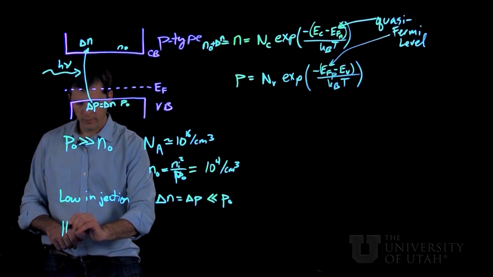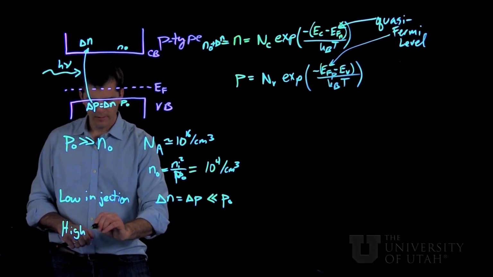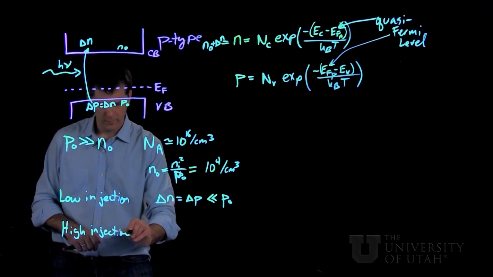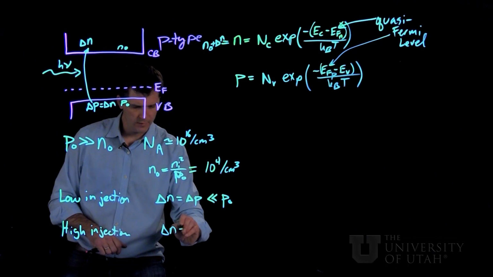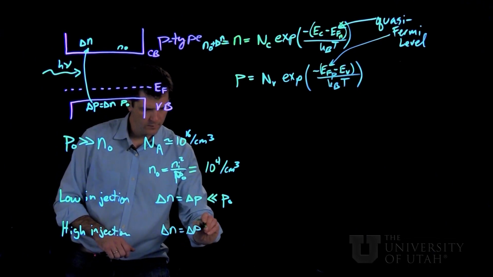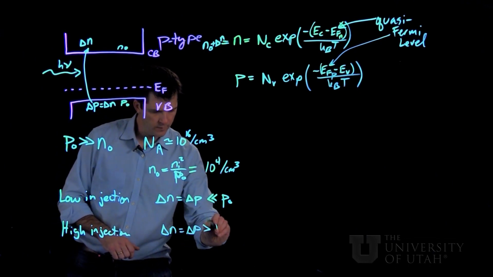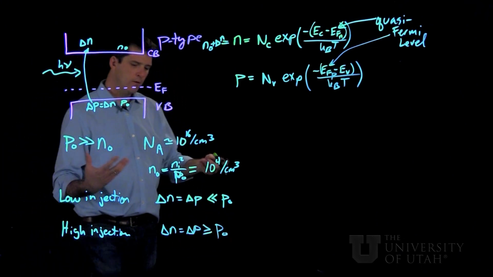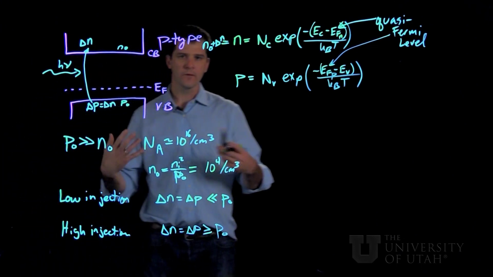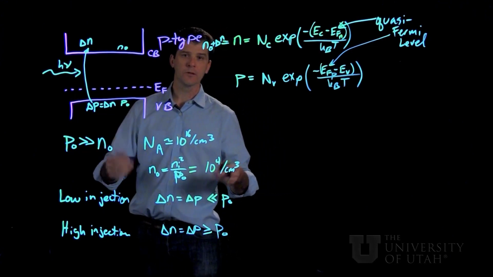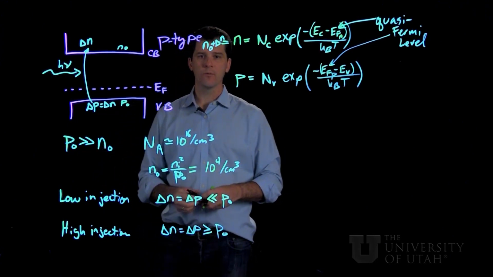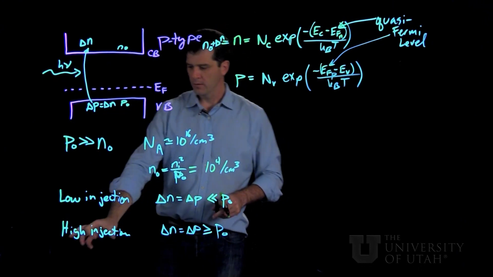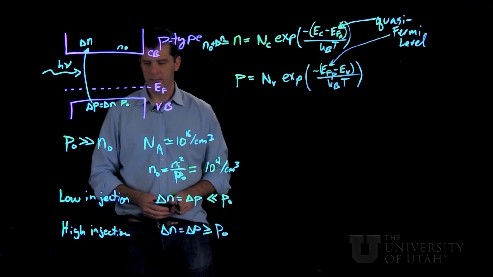And then, as you can probably guess, the other regime is high injection, where delta n is greater than, or actually equal to, p naught. So when the excess carrier density starts to approach and become an appreciable portion of the total holes, you have to revert back to high injection.